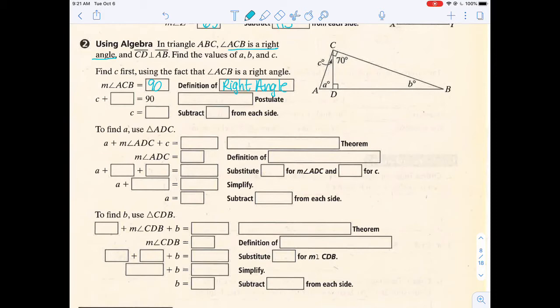So C plus 70, because we're looking at this piece over here plus this piece has to make this whole angle, equals 90 by the angle addition postulate. Remember that postulate just told us if we know the measure of two angles and they are next to each other, we can add them up and get the third angle. Okay, so then if we subtract 70 from both sides, we know C is 20.